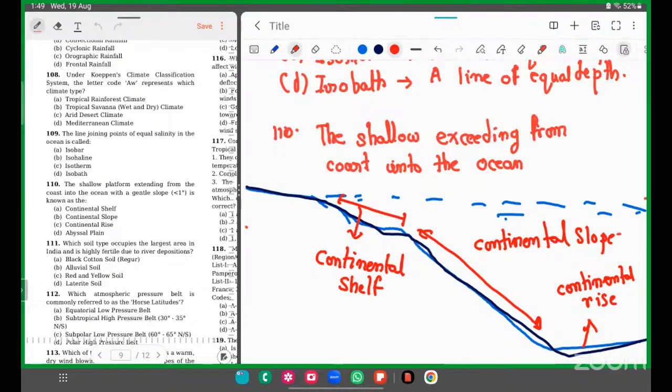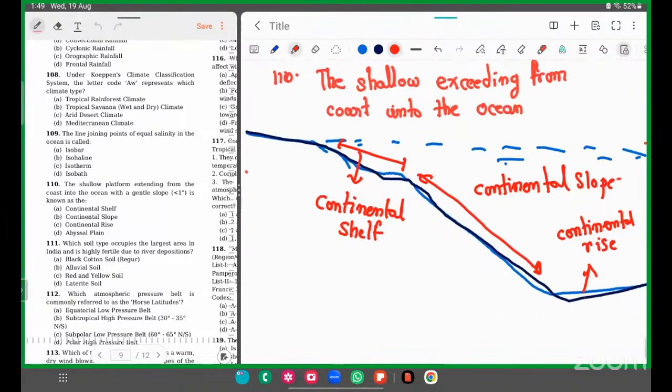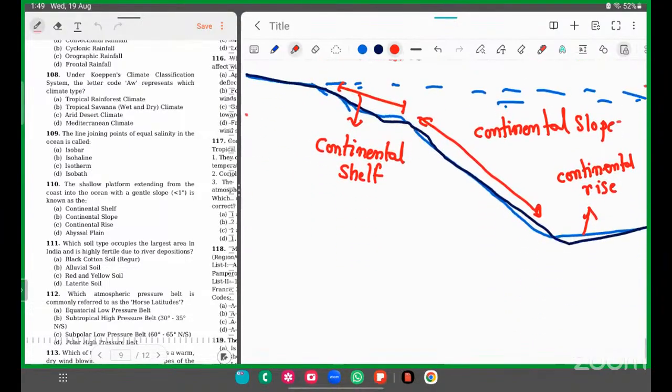So the correct answer, the shelf with a gentle slope, will be A, continental shelf.